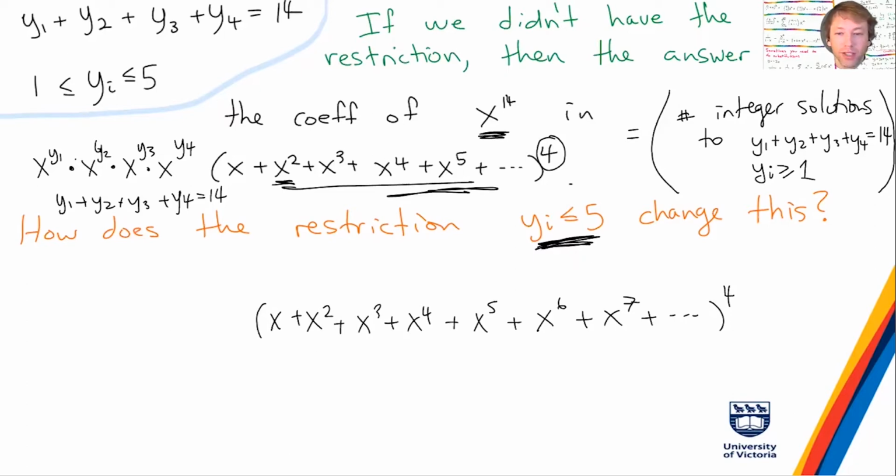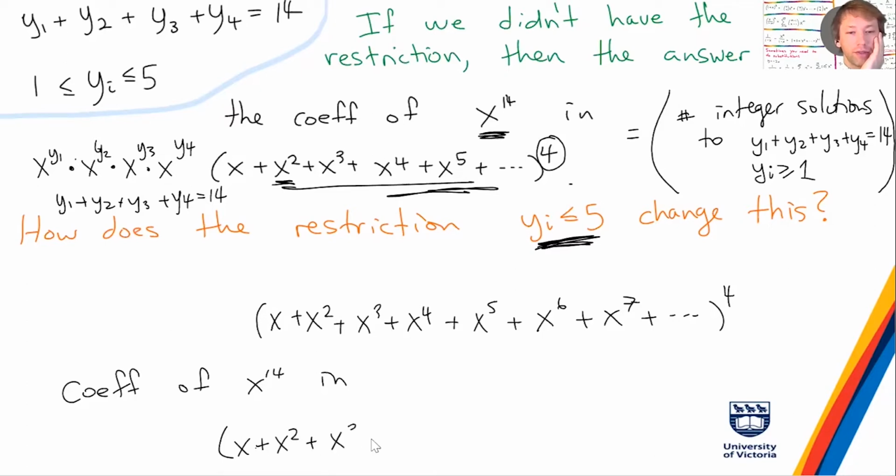Does anyone see what I should change it to? Exactly, yeah, don't use powers that are bigger than 5. So the number of solutions will be the coefficient of x to the 14 in x plus x squared, x cubed, x to the 4 plus x to the 5, to the 4th power.